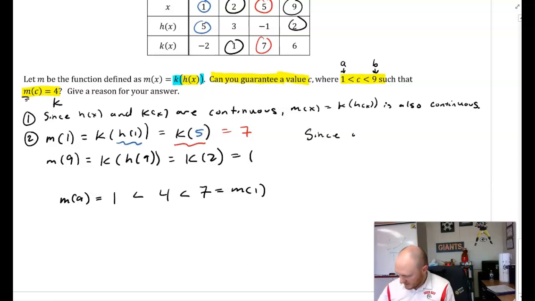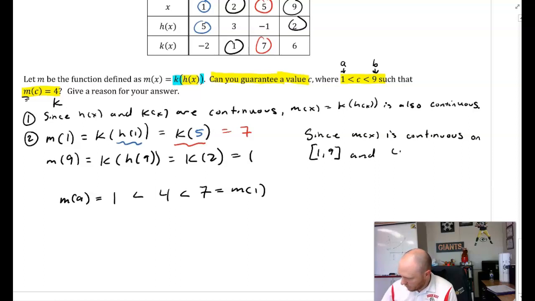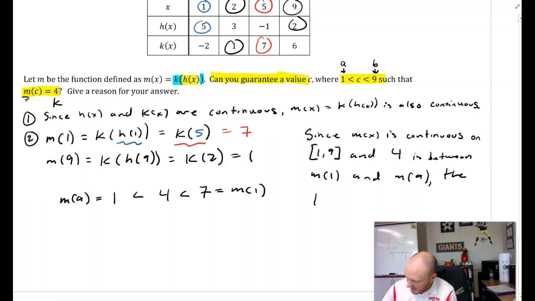So I say, since m of x is continuous on 1 to 9, and 4 is between m of 1 and m of 9, the IVT guarantees what?